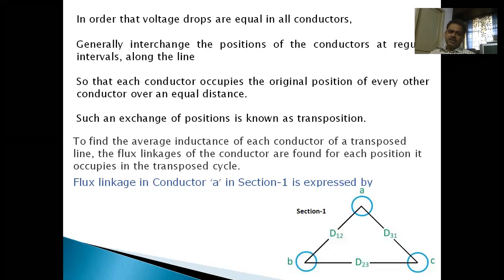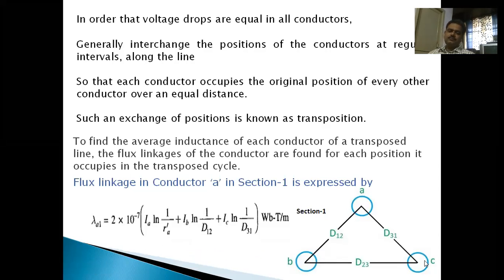In the first section, the position of conductor A is here. Now we have to find the flux linkages in conductor A due to the current passing through this conductor and the current passing through the other two conductors. Here it is section 1, that's why I have indicated this as 1.